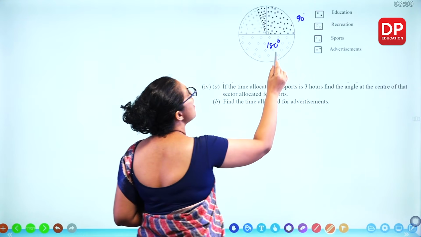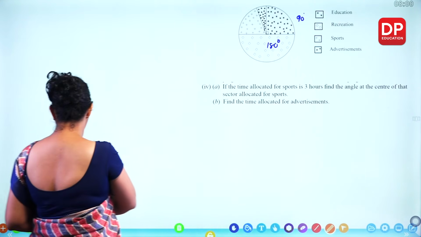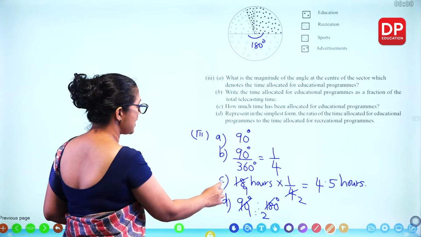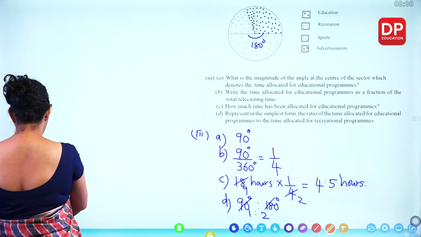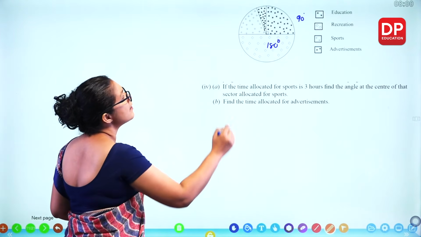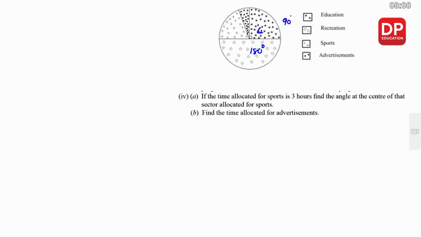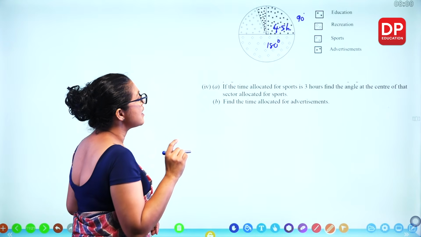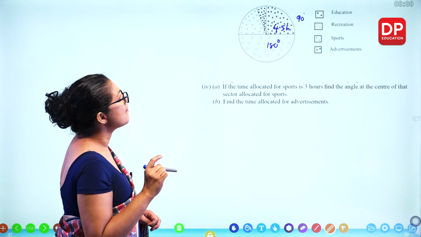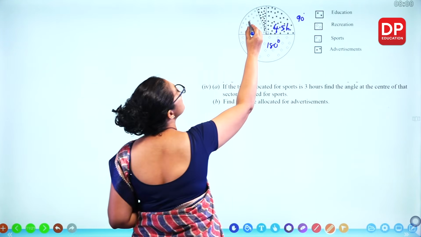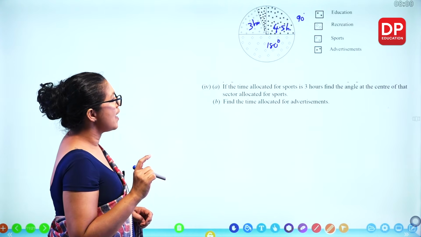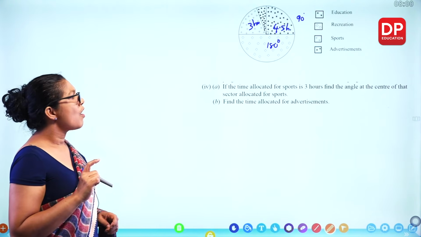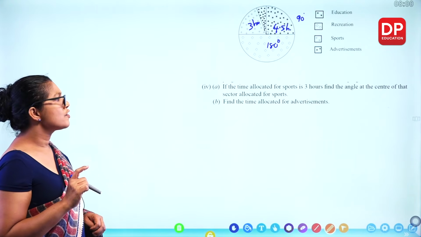And how many hours were spent for that from the previous part? Part C for educational program, that's 4.5. So here we'll write education programs, this is 4.5 hours. Now they are asking if the time allocated for sports is 3 hours. So sports is this one. So this is 3 hours. And you are asked to find out the angle at the center of that sector allocated for sports.